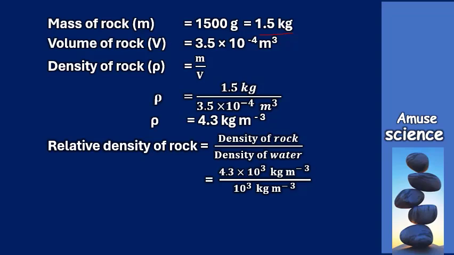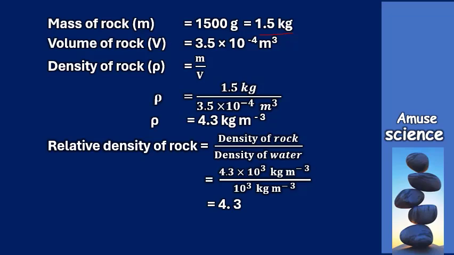Now that we know the density of the rock, we can now find the relative density of the rock, which is the density of the rock divided by the density of water. So by substituting the values, we have 4.3 times 10 exponent 3 kilograms per cubic meter divided by 1,000 kilograms per cubic meter. And so our final answer is going to be 4.3.